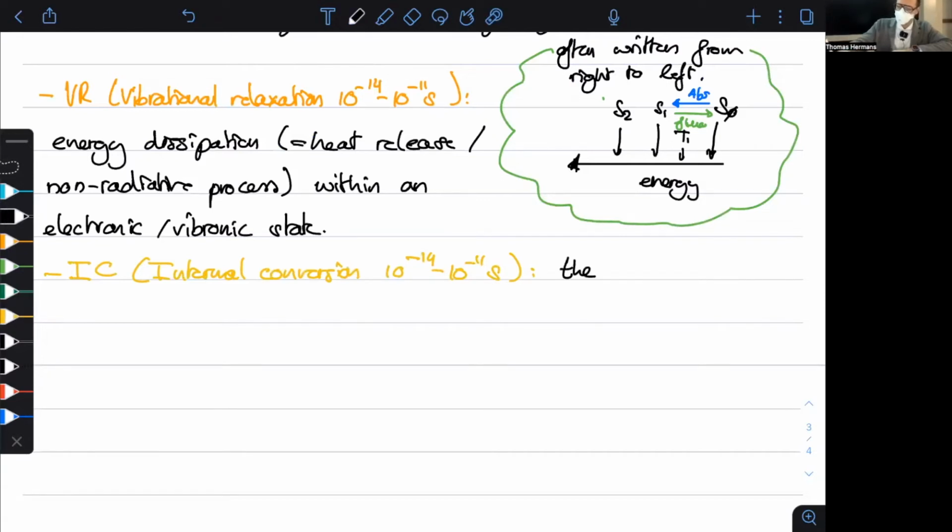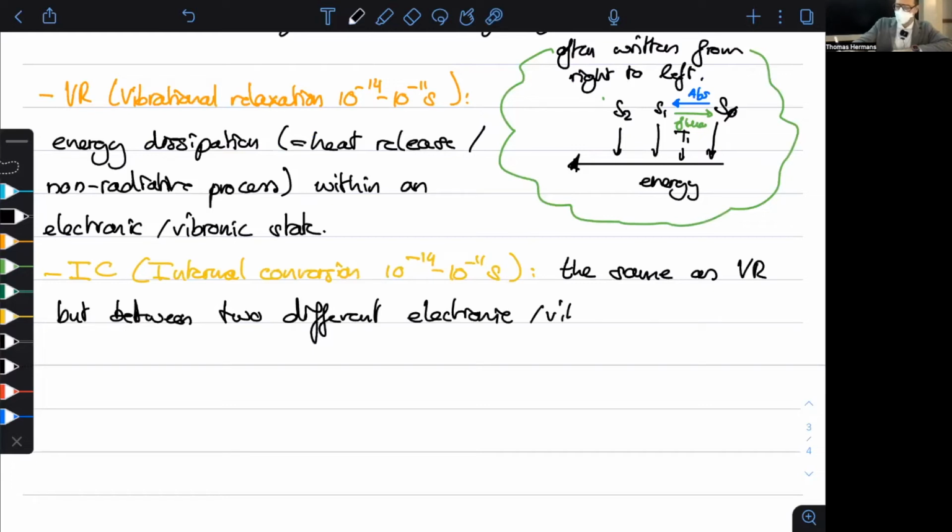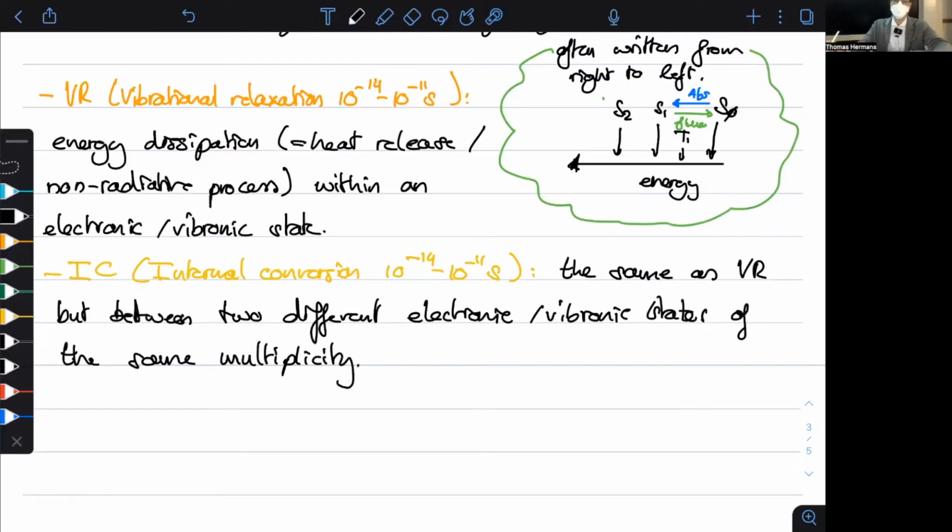Which is the same as vibrational relaxation, but between two different electronic or vibronic states of the same multiplicity. Okay. Intersystem crossing.